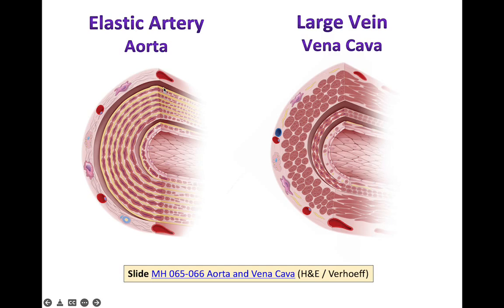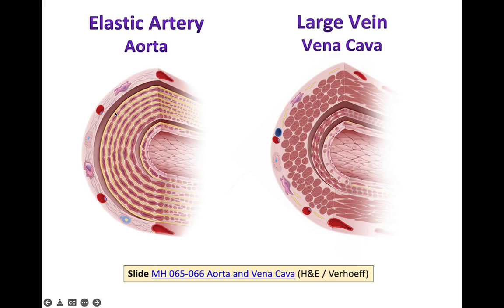Then the tunica media of an elastic artery is very thick. It contains 10 or more layers of circularly arranged smooth muscle. Then in between these smooth muscles, there are elastic laminae. So these yellow structures indicate the elastic laminae.